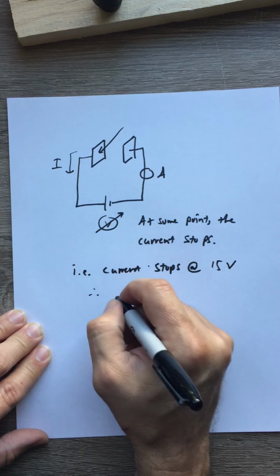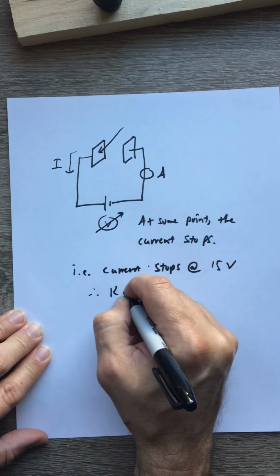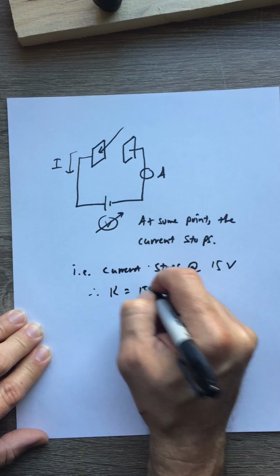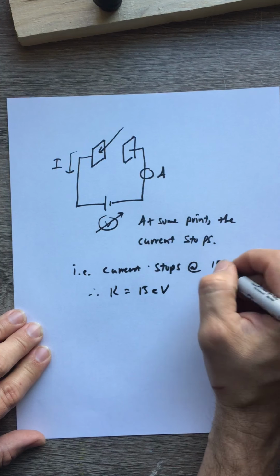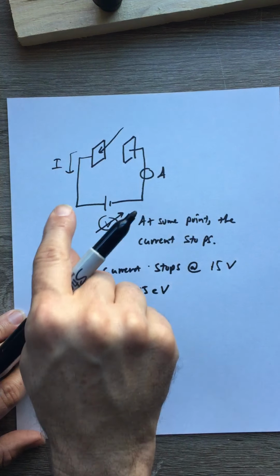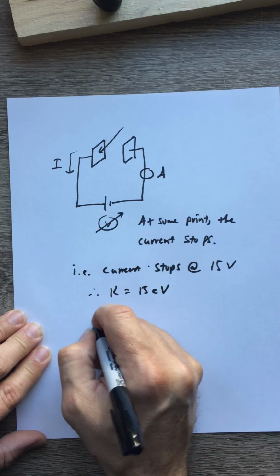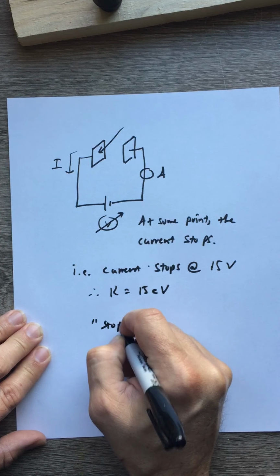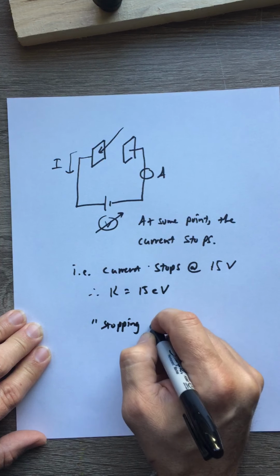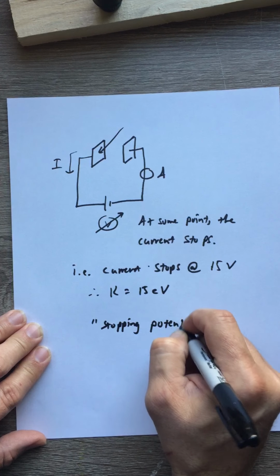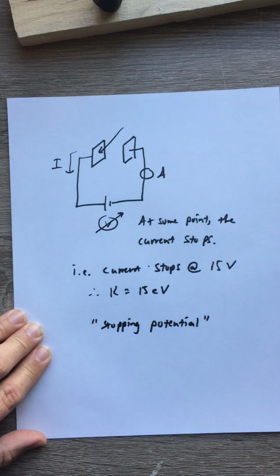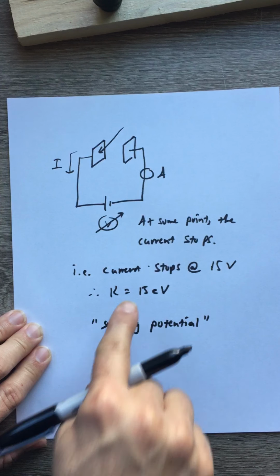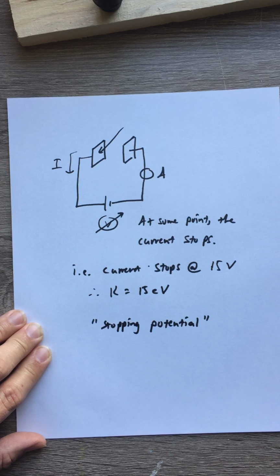This means the kinetic energy of my electrons is equal to 15 eV. It's really just that simple. If I find that the stopping potential, that's what this is called, the potential that stops the current, is 15 volts, that means the kinetic energy of these electrons is 15 eV.